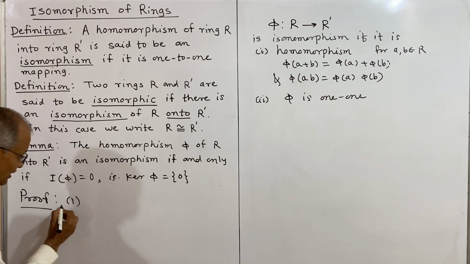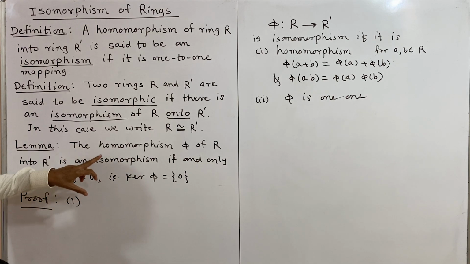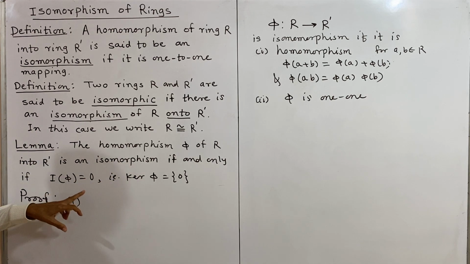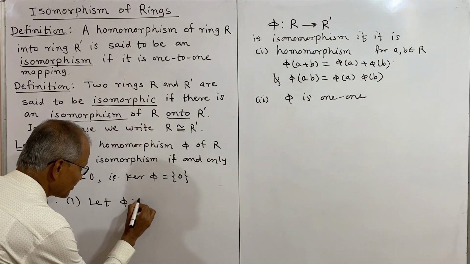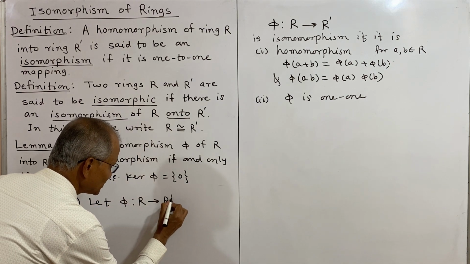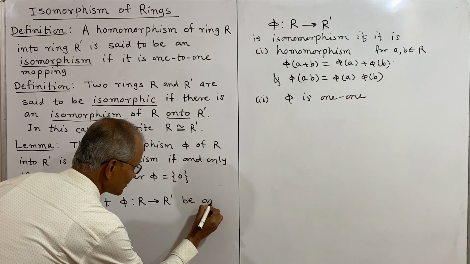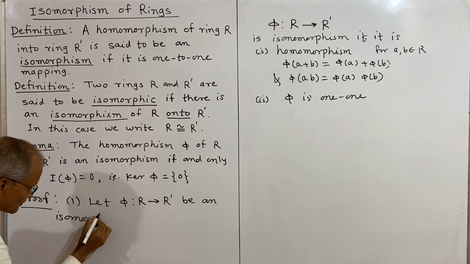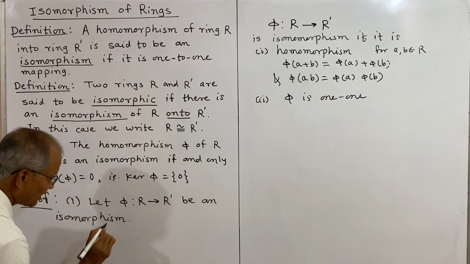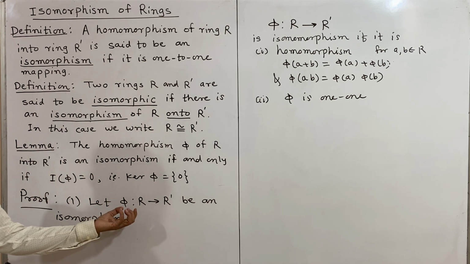Now we shall prove the result, because the result has an if and only if part. First we shall consider that phi is an isomorphism, and then we shall prove that the kernel of phi is equal to 0. So first let phi from R to R dash be an isomorphism. Now what we have to prove is about the kernel of this phi.